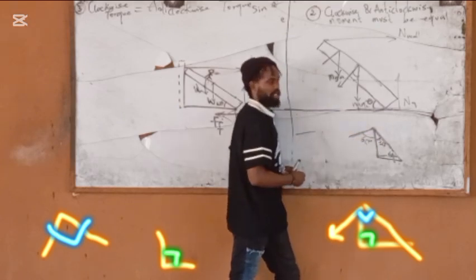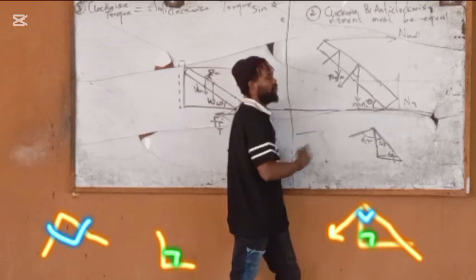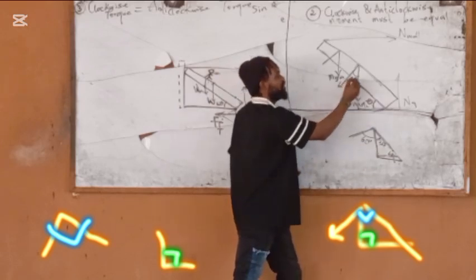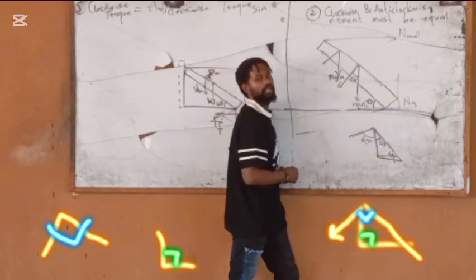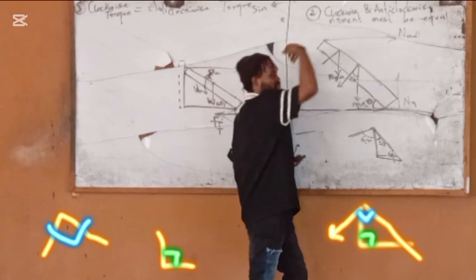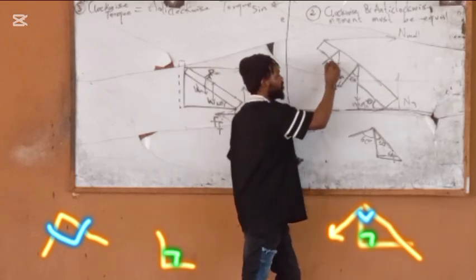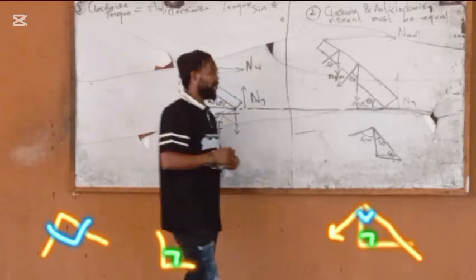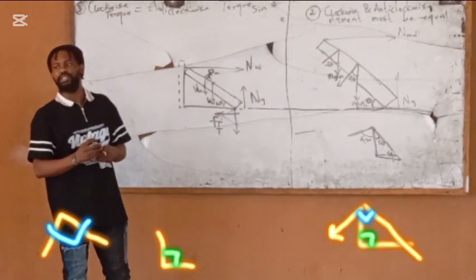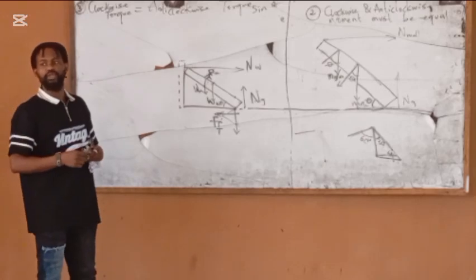So instead of you stressing to do this thing, once you're inside the exam hall, always consider that the same angle you have is the same angle here. The angle given must be the same angle, so no stressing yourself. Which means that the angle here is also theta. And remember I told you that if it's y-axis, use cos on the inclined plane, and if it's x-axis, use what? Sine.